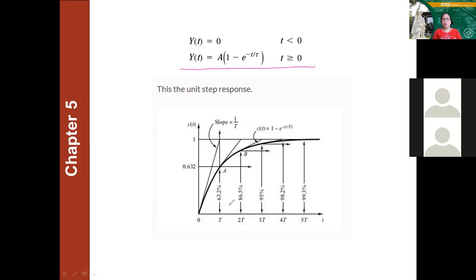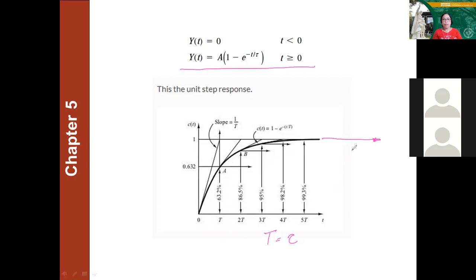At time equal to tau, you could see in the graph that your response reaches 63.2% of its ultimate value. The ultimate value, class, is where this curve flattens. Why? Because we don't see any change anymore.